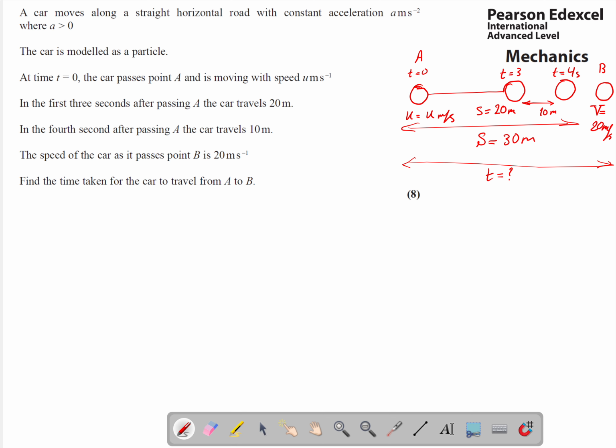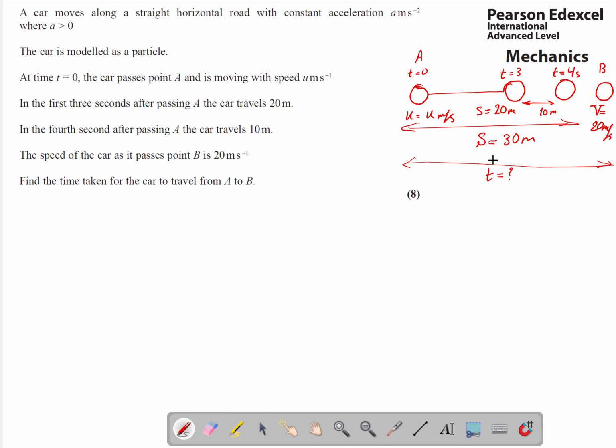Since we have information related to initial velocity and displacement, I'm going to write two equations using the information at the two times that we have. We have the information at t equals 3 seconds, and also at the 4th second, where t equals 4 and displacement equals 30 meters.